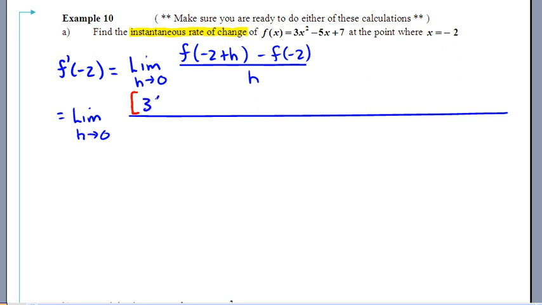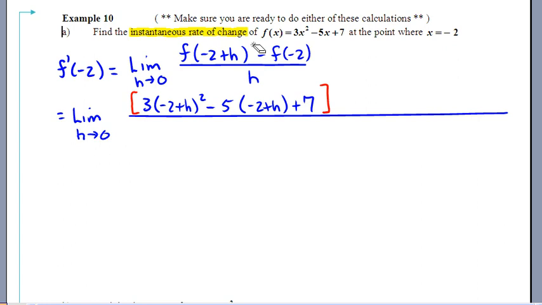Okay, so 3 times (-2 plus h) squared. Then moving on, minus 5 times what you put in. Minus 5 times (-2 plus h). Add 7. Okay, all of that, I'm nowhere near done. All of that is me just figuring out f at -2 plus h. I have taken this binomial and gone and inserted it into the function just to see what I get.